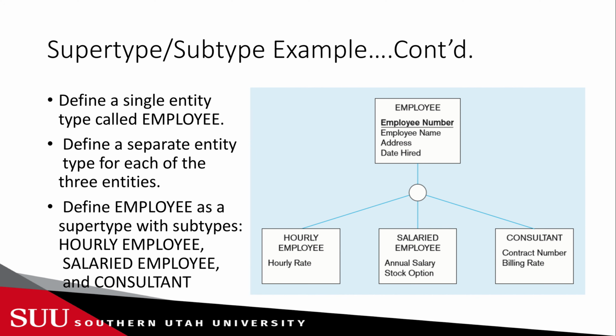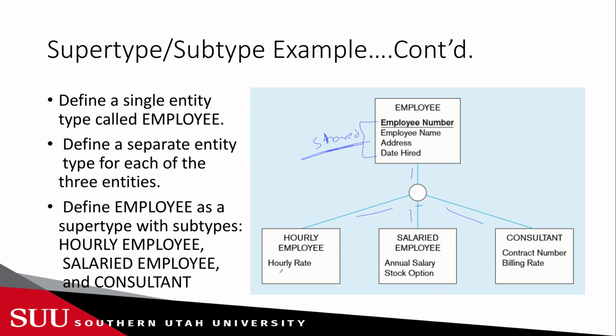And again, we will follow the notation, which is the line and the circle. So this is going to denote our subtype supertype relationship. So this is our line, this is our circle, and then we have 1, 2, 3 subtypes. And notice this, all of the attributes that are shared will go on this supertype level. You do not include any of the shared attributes in the subtype level.